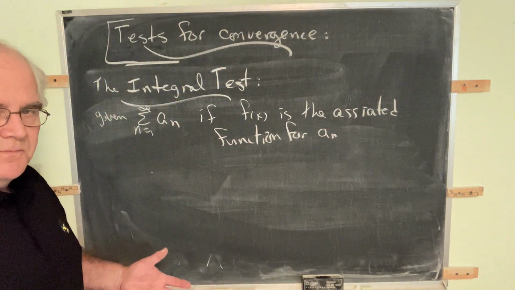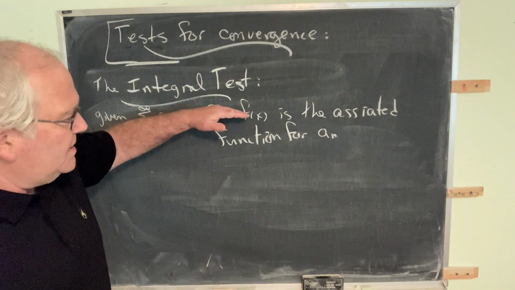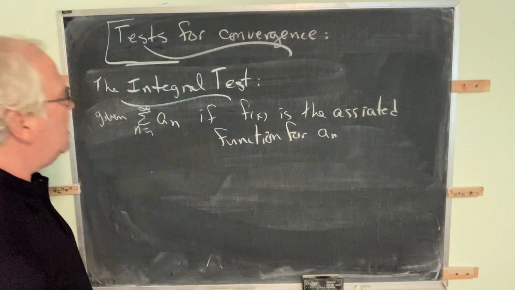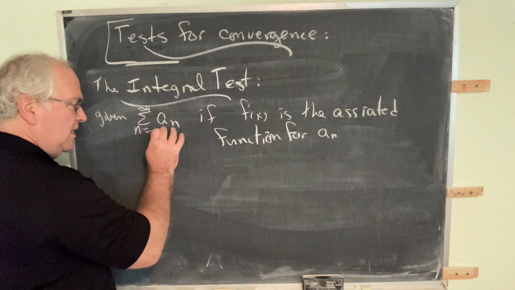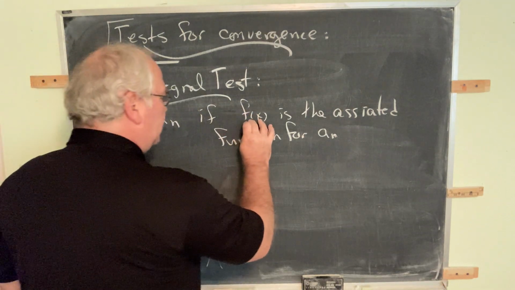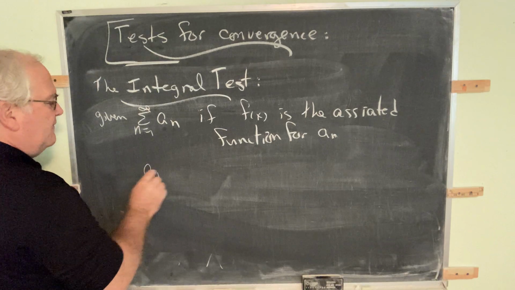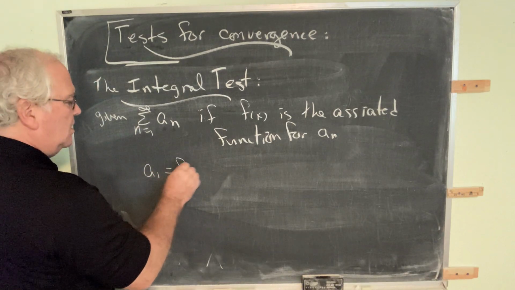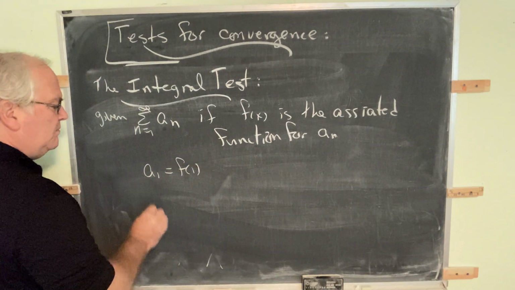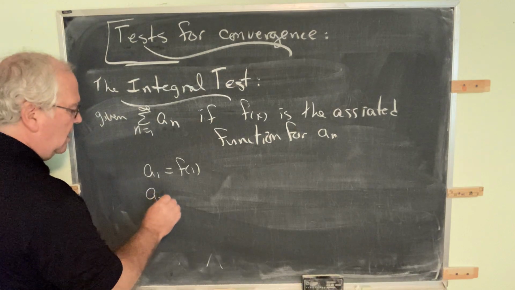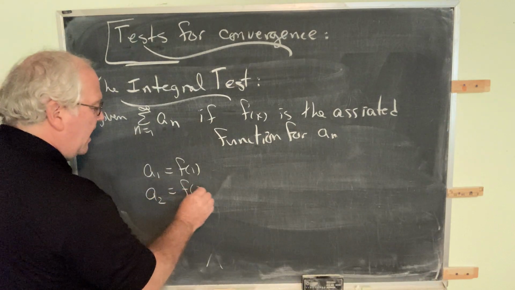Now, what does that mean? F of x is the associated function if the terms of the series agree with the function value. And so the idea is the first term actually does equal f of 1. And the second term actually does equal f of 2.